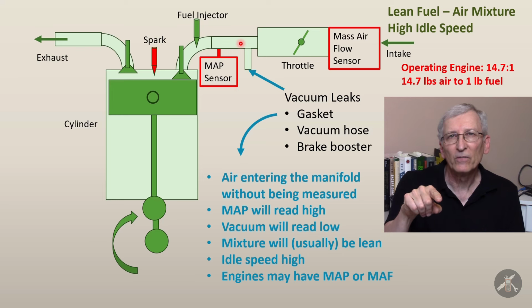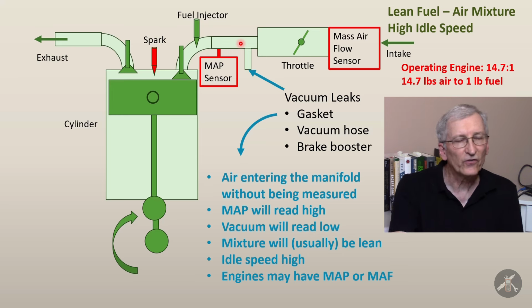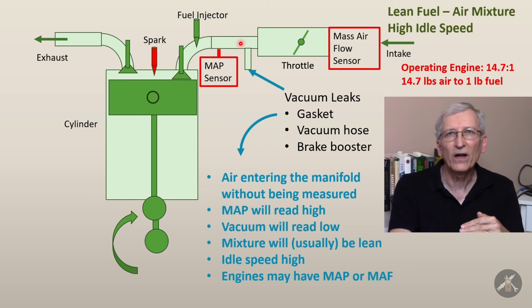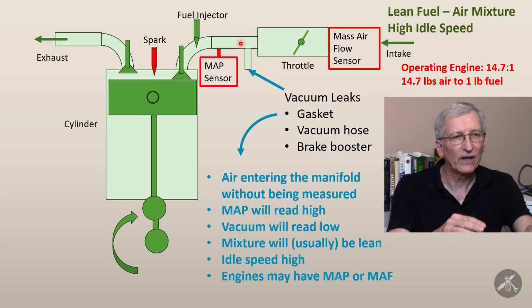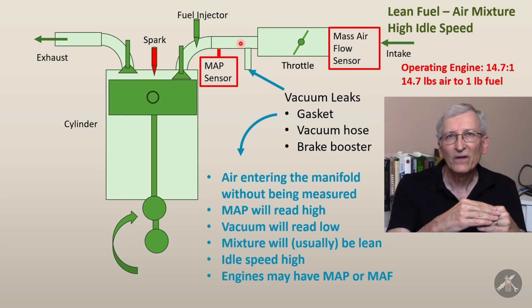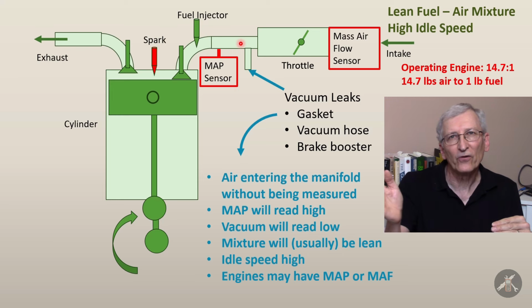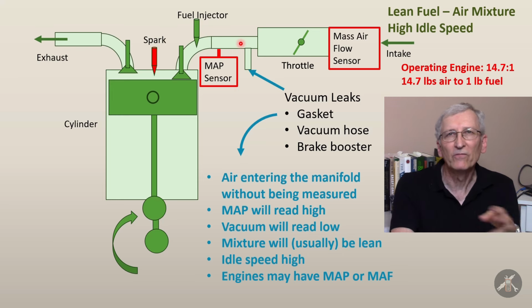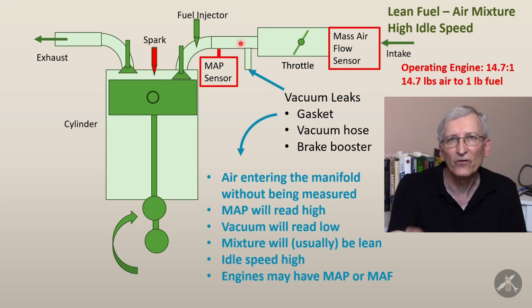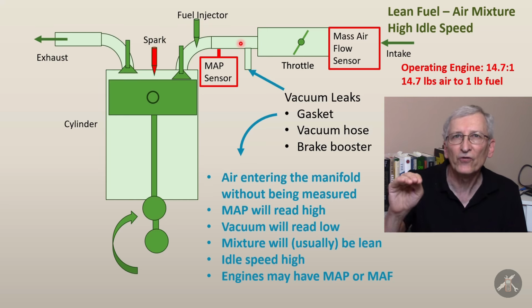If you were looking at this on a gauge, the gauge is going to wiggle because each one of these cylinders is coming down, making vacuum, and then closing off. That intake valve will close, and then the air is going to try to come through the throttle plate and fill the intake manifold. So vacuum isn't a steady number.